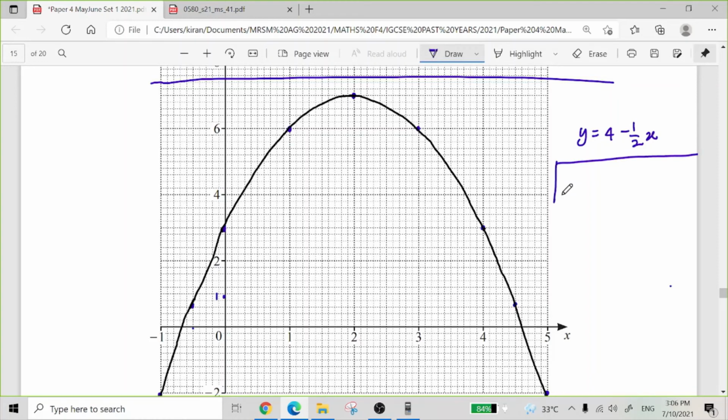Here, x and y. When x equal to 0, y would be 4.